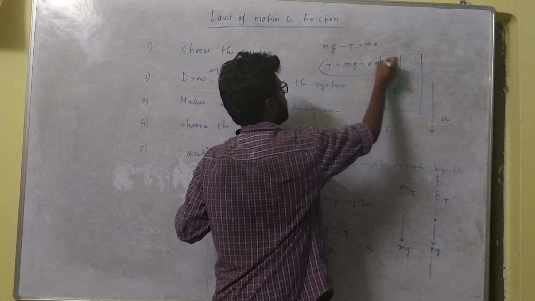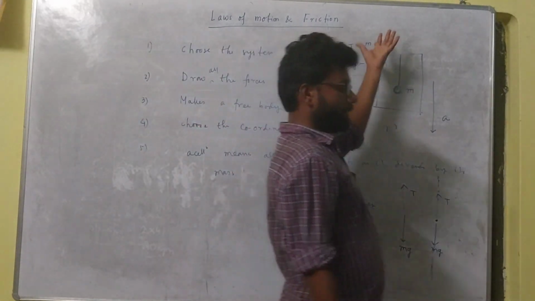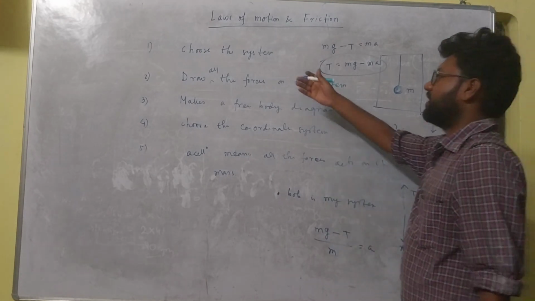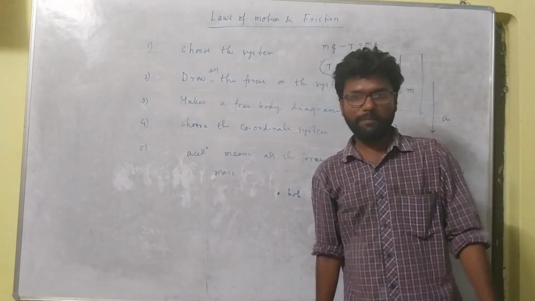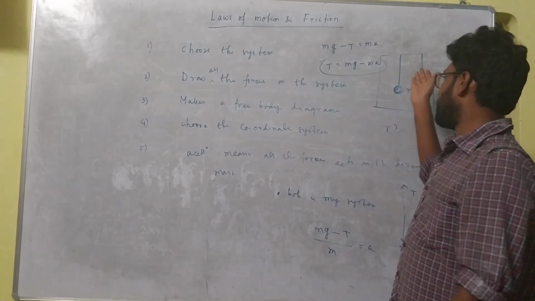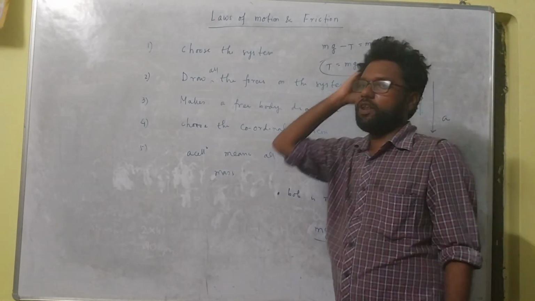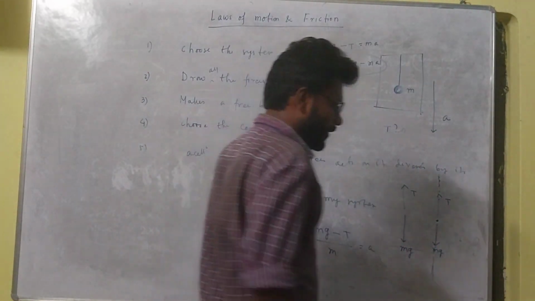It is our tension, the tension on the bob when it moves downward. So these are actually the tricks, the five steps to solve any problem like pulleys or string problems, block problems like this. It is the ball and nothing else in it.